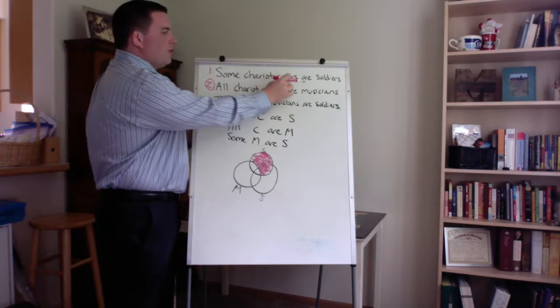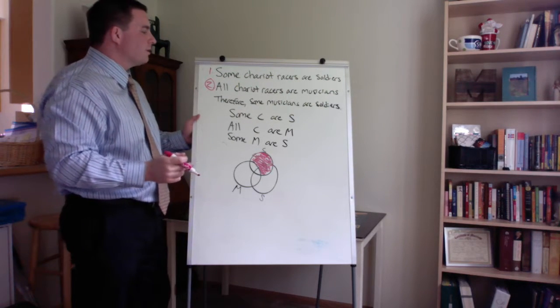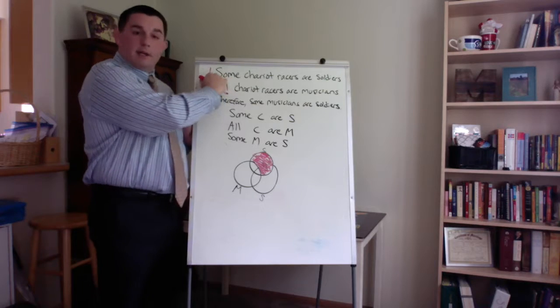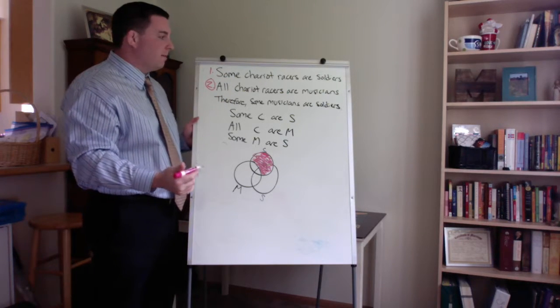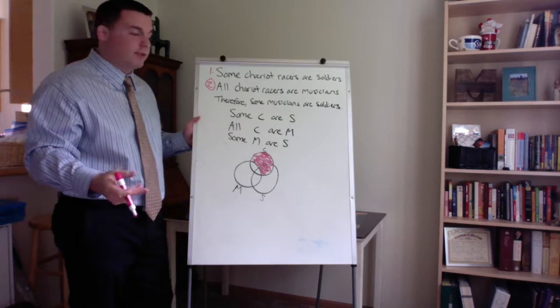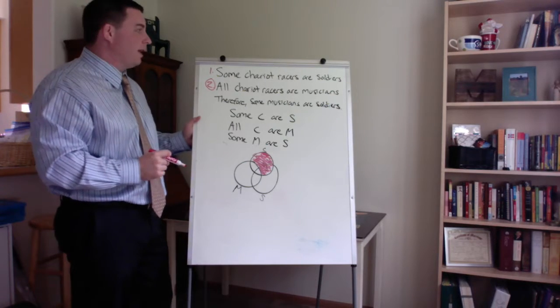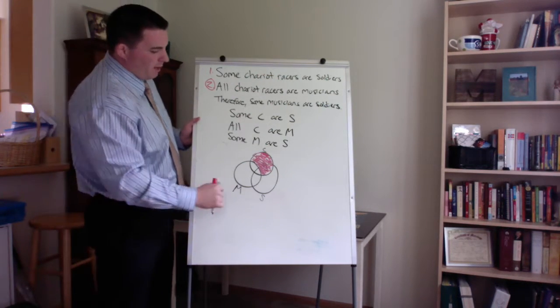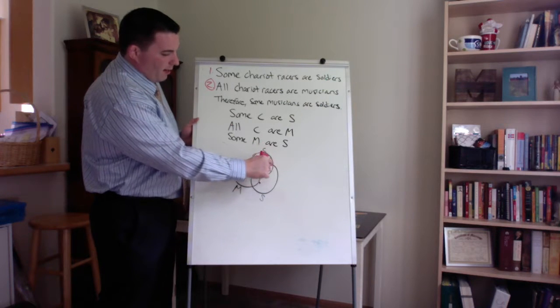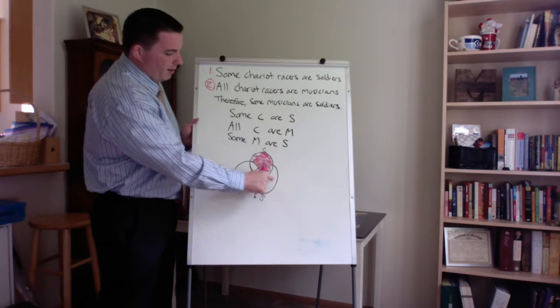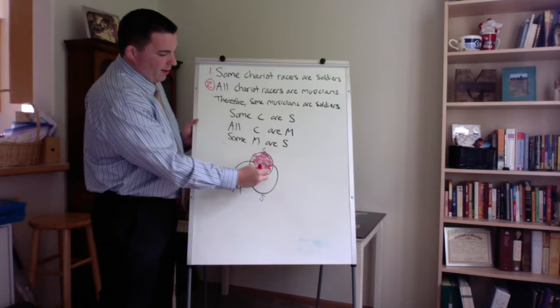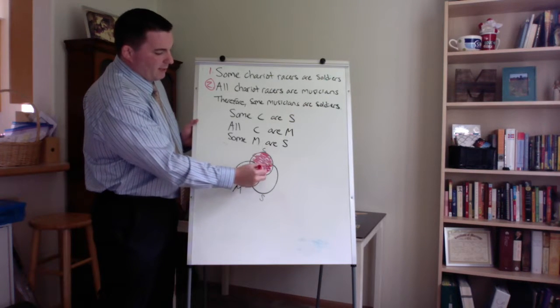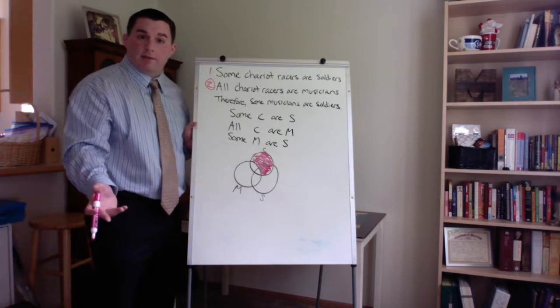Premise 1, some chariot racers are soldiers. So here we have the word some that tells us a particular. We're dealing with a particular statement, so we're going to use an X to symbolize this. So some chariot racers are soldiers. So we find our C circle here, our S circle there. This part of the area where they overlap, C and S, has already been shaded. So that makes it real easy for us.